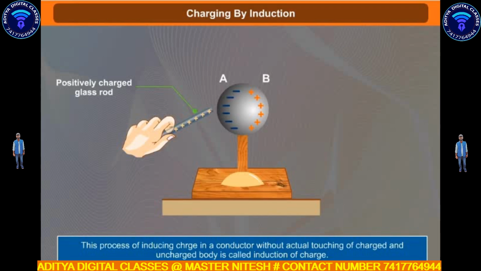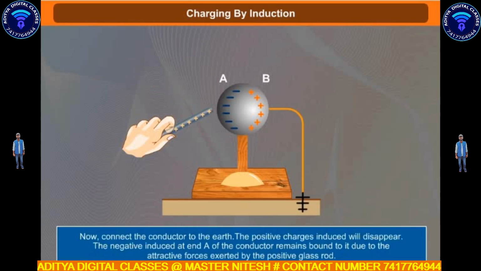This process of inducing charge in a conductor without actual touching of charged and uncharged body is called induction of charge. Now, connect the conductor to the earth. The positive charge induced will disappear.